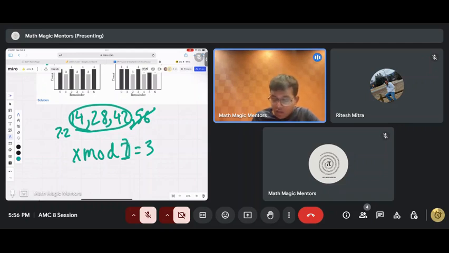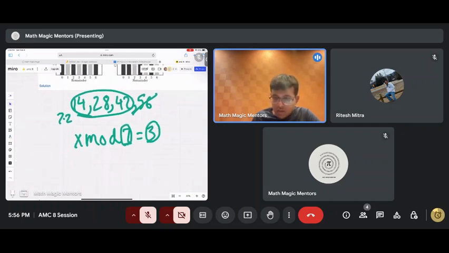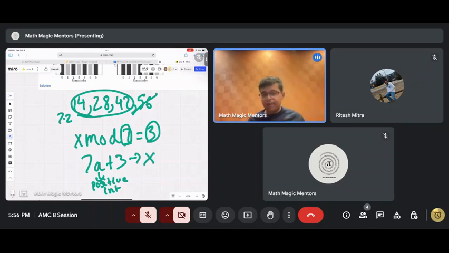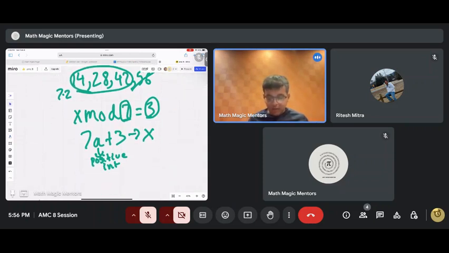Well, we notice that 7 is an odd number and 3 is an odd number. So we know that all these numbers are in the form 7a plus 3, where a is a positive integer, right? That's all the numbers of this form. We see that if a equals 1, because it has to be a positive integer, if a was 0, then x would be 3. 3 is not an even integer between 2 and 50.